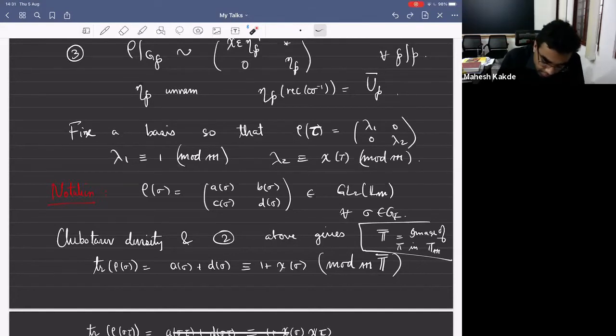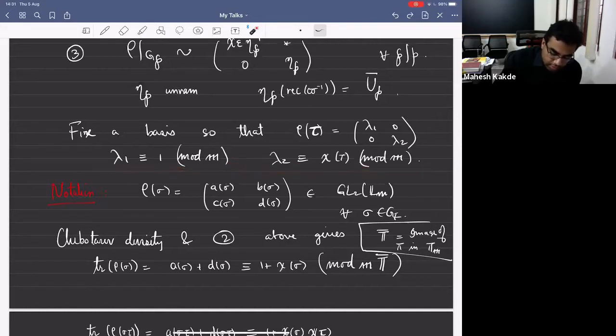Okay. So now I can fix a basis so that rho tau is diagonal. Okay, so this one can do. This is all characteristic 0, so there's no subtlety happening. I mean, I'm doing it over E also. So this is fine. Moreover, I can find lambda 1 and lambda 2 like this, and I'll have these congruences.